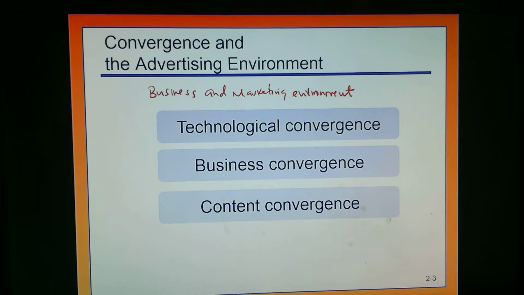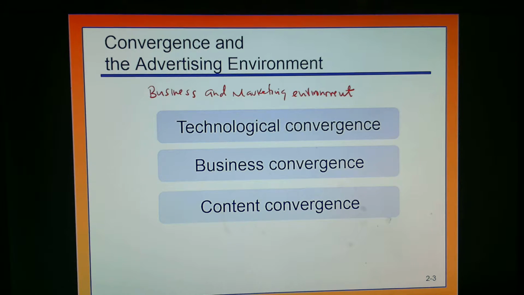But the point I'm trying to address here is to look at the convergence and the advertising environment. We are seeing many changes technology-wise, but we also see changes in the business world. If we are going to use marketing as a way of achieving business objectives, then we need to understand the business environment and the marketing environment.